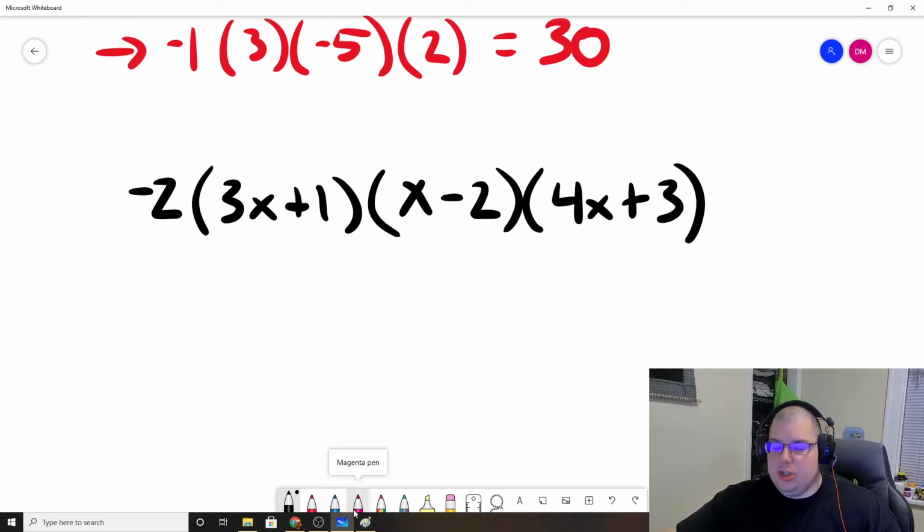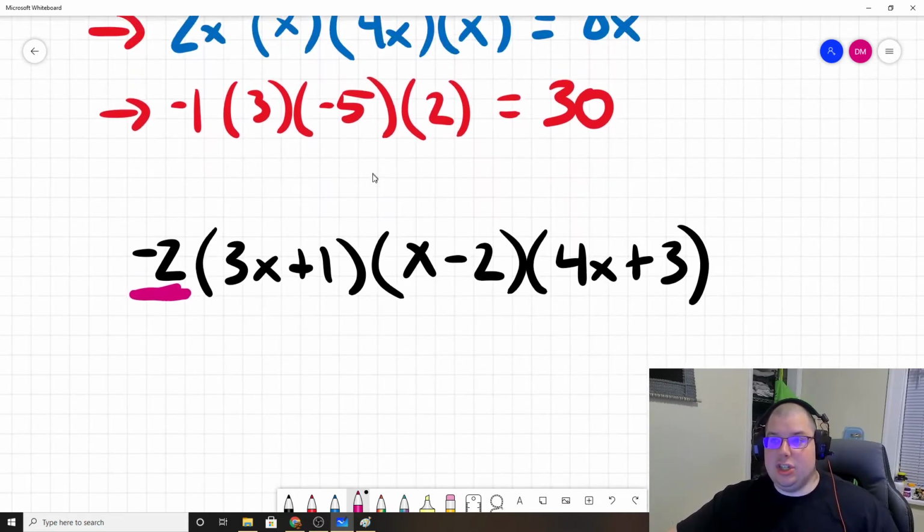The new thing is this number out in front, and that number is going to get included in both finding the leading coefficient and the constant term.